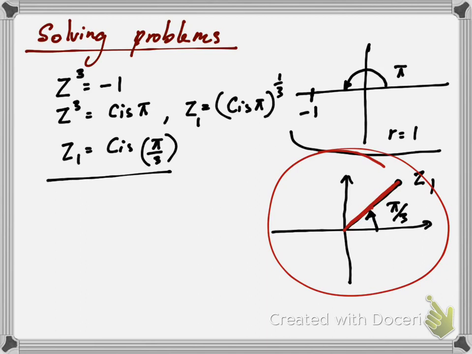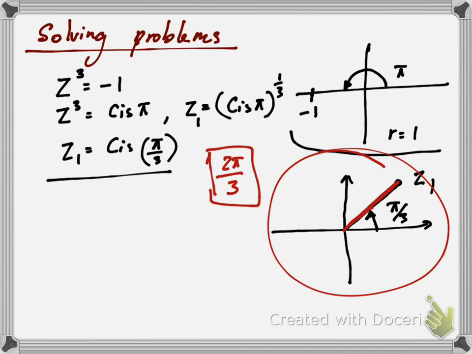And so what's the angle of the circle? It's 2 pi. If you divide it by 3, you get 2 pi over 3. So this is your separation between the angles.